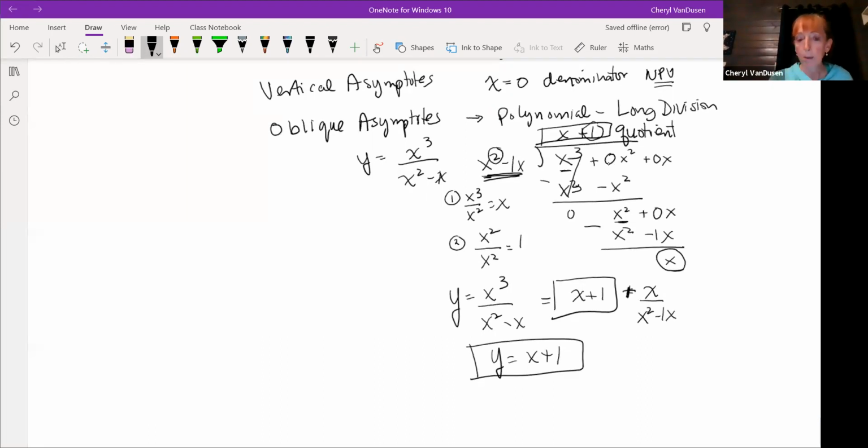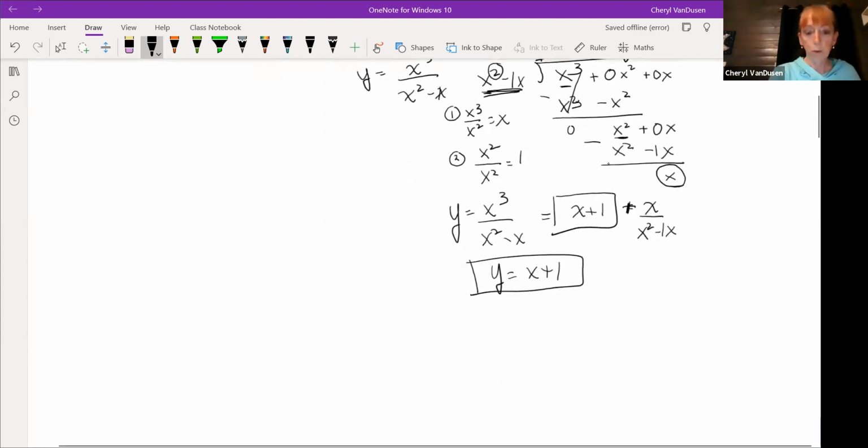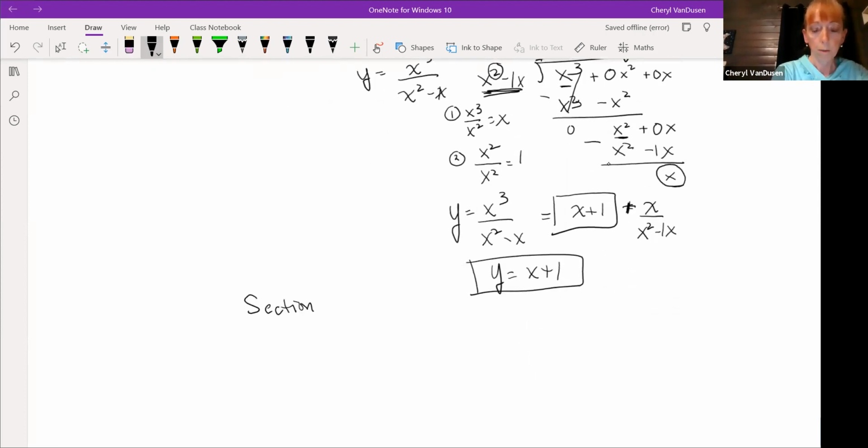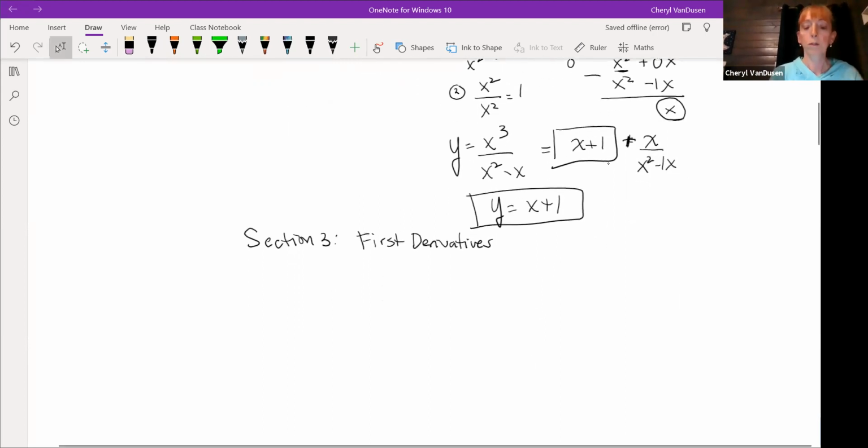So there's a little bit of math that goes on trying to find oblique asymptotes for sure. Now, section 3, I'm going to breeze over section 3, but I am going to cycle back to it. It has to do with the use of first derivatives and how we use them.